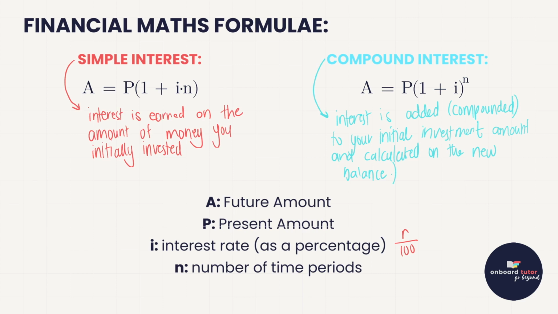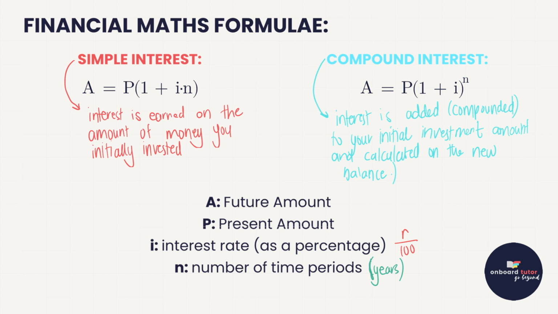And then N is the number of time periods, which for now is just the years that we're going to invest something in. But as you grow in your knowledge of financial maths, we're going to start investing things that earn interest every month or every quarter. And so that's why we've kept this as N, which can then change. You might have 12 months instead of 1 year, but that's going to come only in future questions.